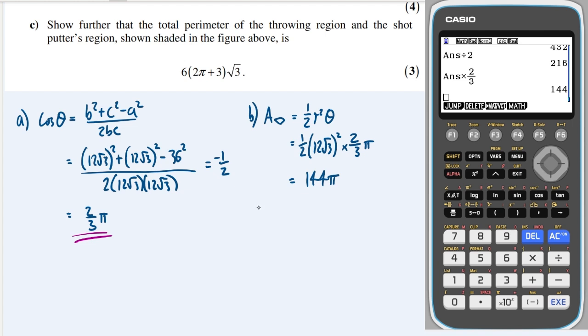And then we need to work out the area of the sector below. That's also a half r squared theta. Oh, well, it's not actually theta, is it? It's 2 pi minus the theta. And the radius there was 3 root 3. And 2 pi minus 2/3 pi is 4/3 pi.